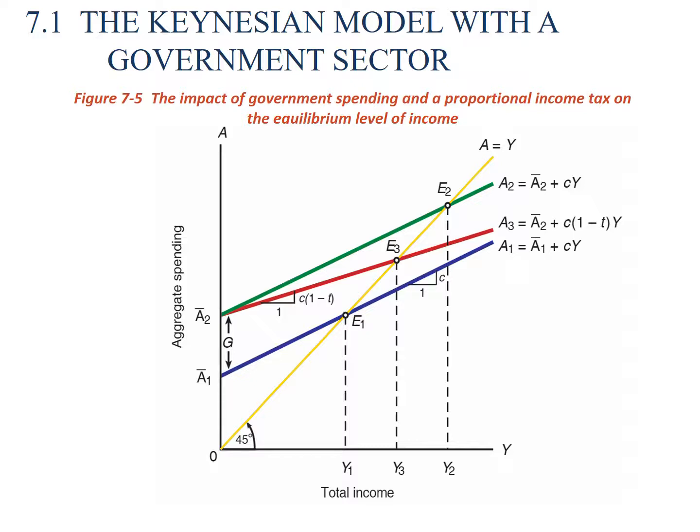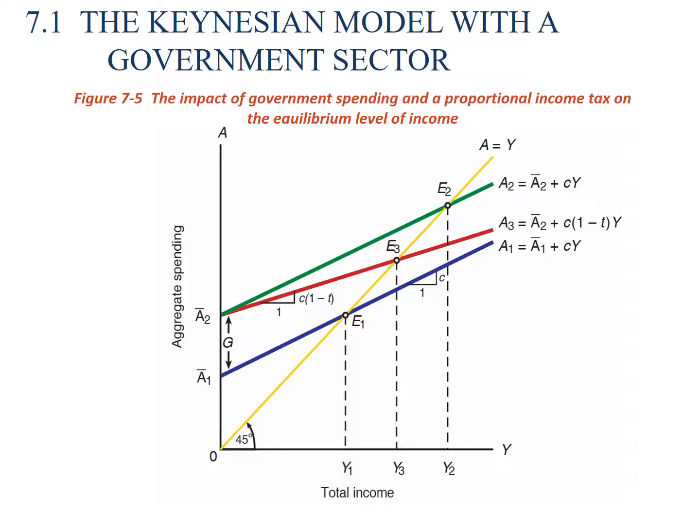When we add government spending into the simple Keynesian model, firstly, there is going to be a change in the intercept from A1 to A2, and this change indicates a parallel upward shift in our aggregate expenditure curve at all levels of income, which increases the level of income from Y1 to Y2.